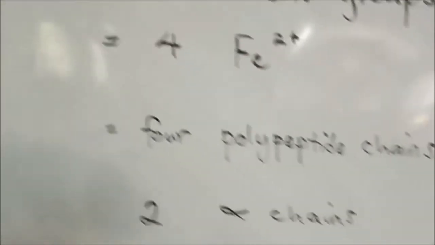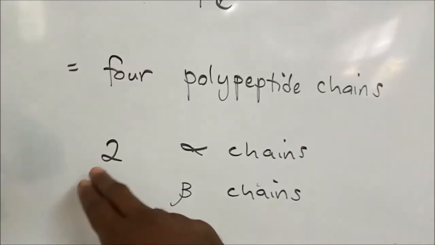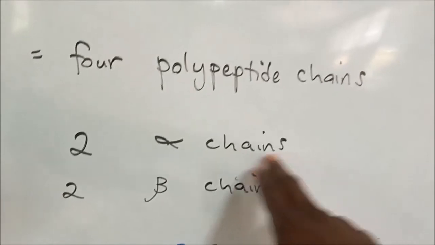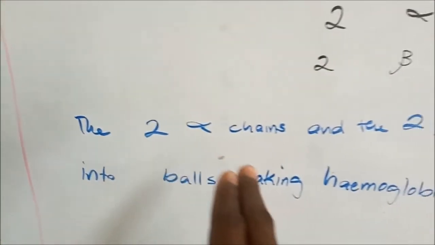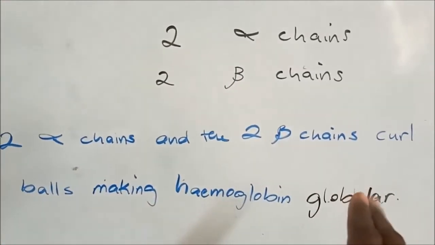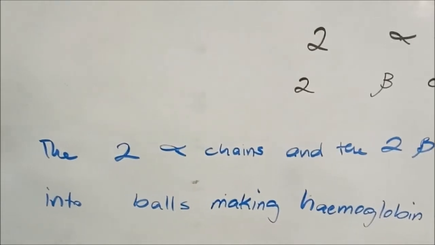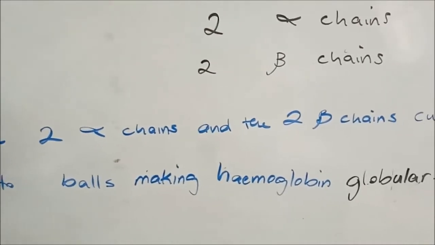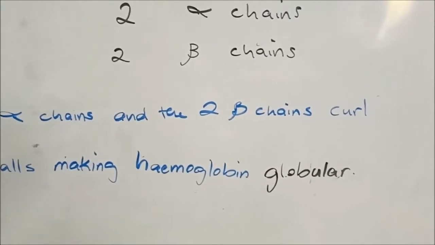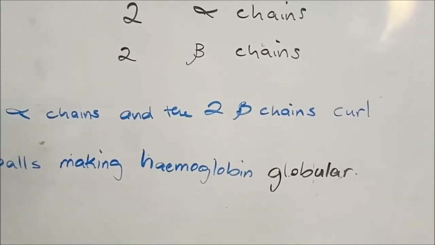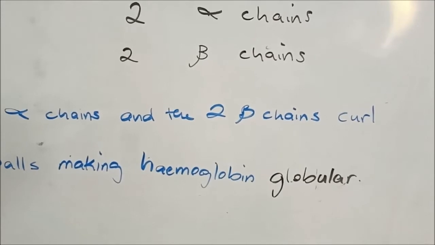Now, in hemoglobin, we call 2 of those chains alpha chains and 2 of those chains beta chains. Good. Now, the 2 alpha chains and the 2 beta chains curl into balls, making hemoglobin globular. Good. Globular. I want to stop right there now and pick it up at the quaternary structure.